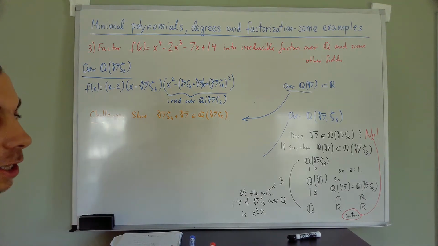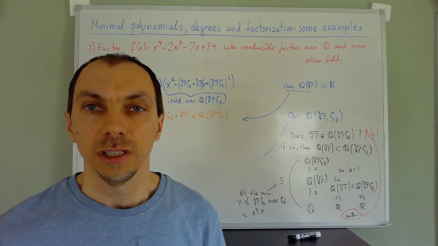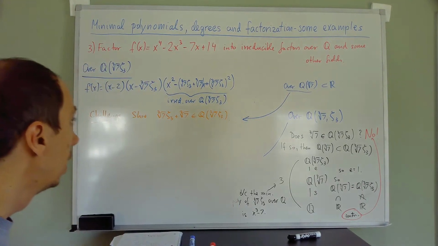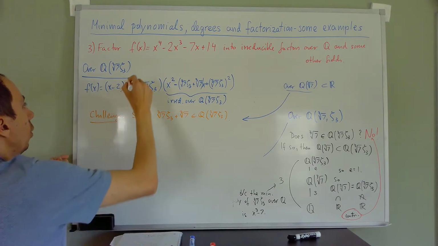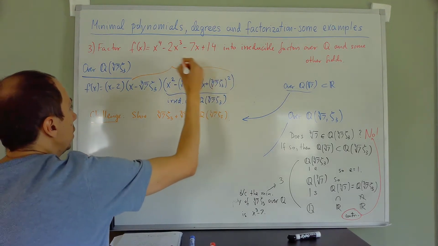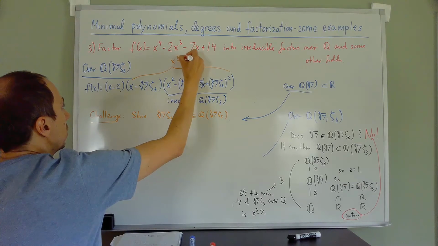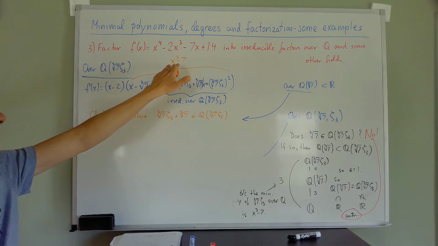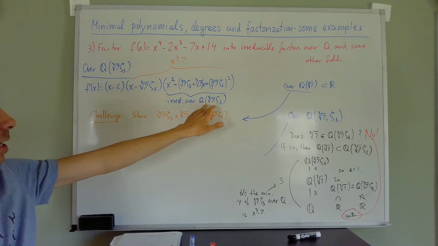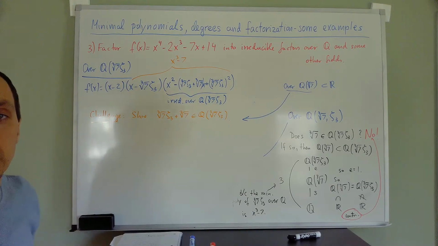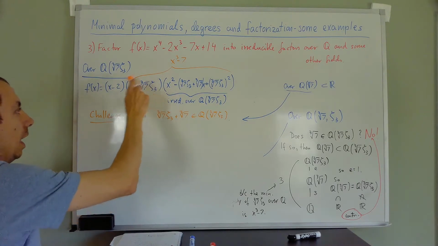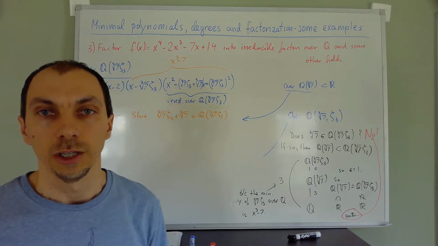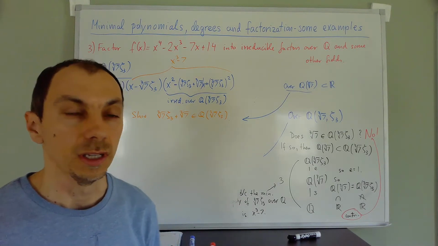Now, I actually do not need that challenge to say that this polynomial has coefficients in this field because I know that if I multiply these two polynomials, I get x cubed minus 7. Okay, and x cubed minus 7 has coefficients in this field for sure because it has coefficients in the rationals. And I know that this polynomial has coefficients in Q adjoin cube root of 7 zeta 3.